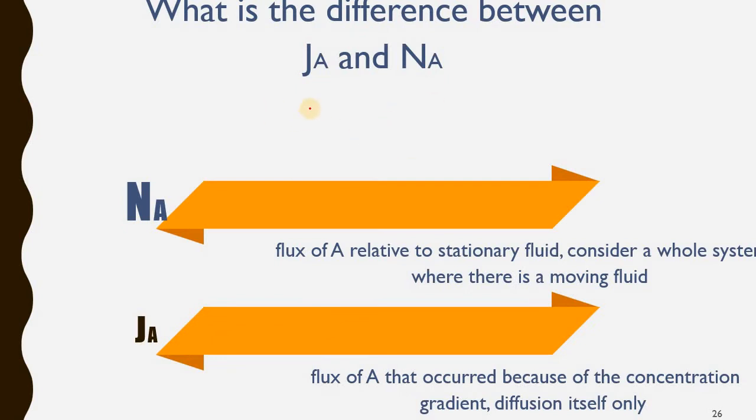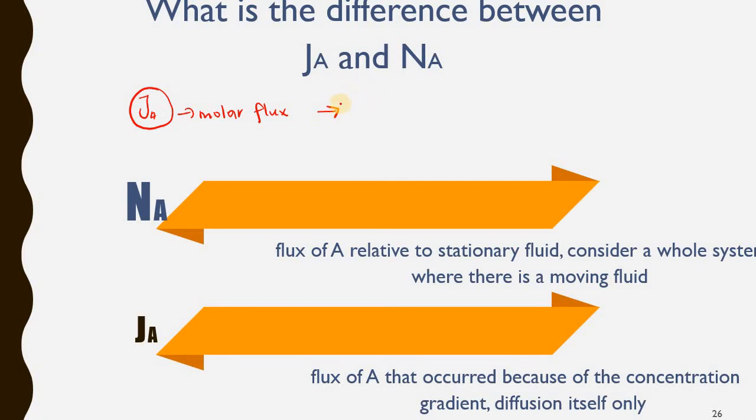So we can summarize that there is a difference between JA and NA. At the beginning we defined diffusion using this term, which is the molar flux. This is JA or molar flux. So what is NA? Later we learn on total flux.